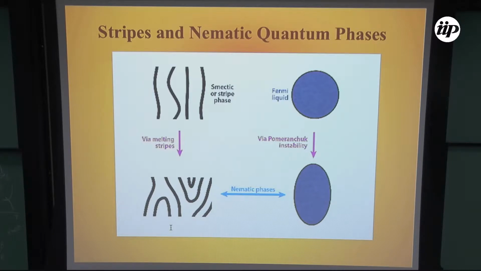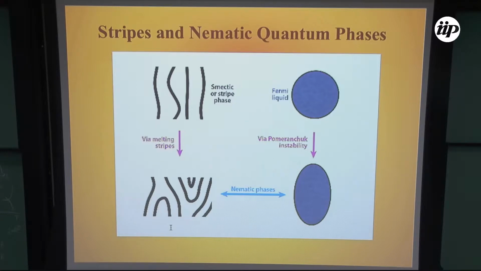Another way to understand this type of breakdown of the rotational symmetry is if you begin, for instance, with the isotropic Fermi liquid, and you break the symmetry by deforming the Fermi surface, and this is done through a Pomeranchuk instability, which I will talk about a bit.